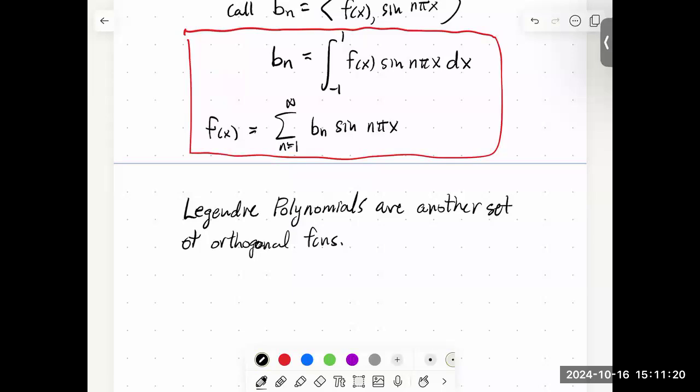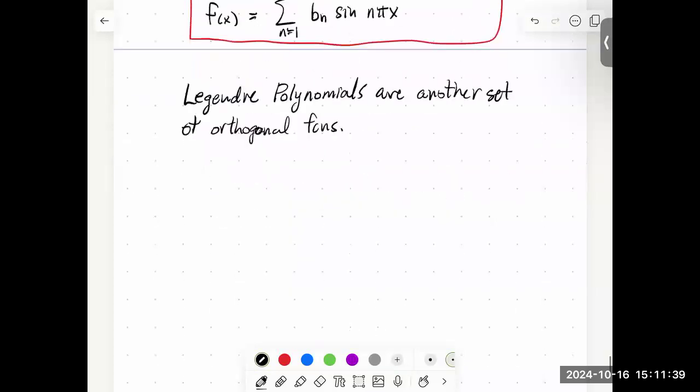The way I did this construction is I happened to choose my domain for the sines to match the domain for the Legendre polynomials. So any function that I could write on -1 to +1 in terms of sine, I can also write in terms of Legendre polynomials. So how would that work? Well, I would say f of x is equal to the component along the first Legendre polynomial.